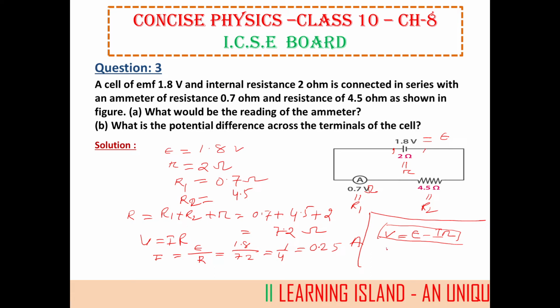So here the voltage against the battery would be 1.8 minus I, which is 0.25, and the resistance is 2. So it will be 1.8 minus 0.5, that is, we are getting 0.3 volt. So the potential difference across the terminal of the cell is 0.3 volt.